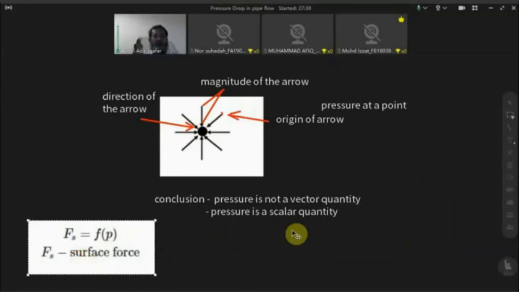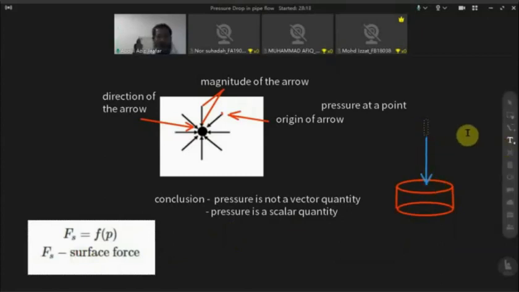So one of the applications is, let's say we have a piston, and then we have a single vector force acting on it. Let's say the upper surface has a needle type force acting on the point, and this force is compressing the fluid below it, right?